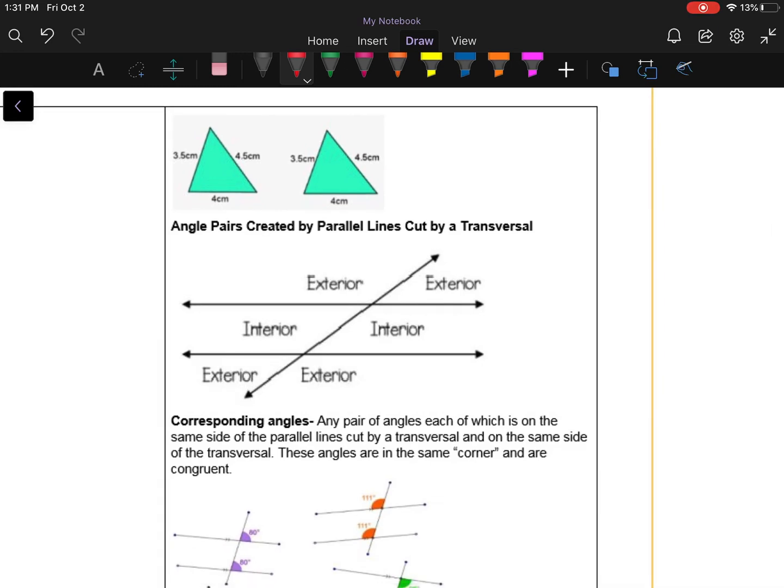Looking at this pair of parallel lines and the transversal, we'll notice that we have interior angles and exterior angles. The way I remember this is thinking about my car. If I go to a detailer and ask them, can you detail the interior of my car, what am I asking them to do?